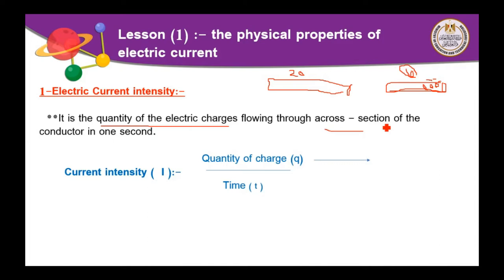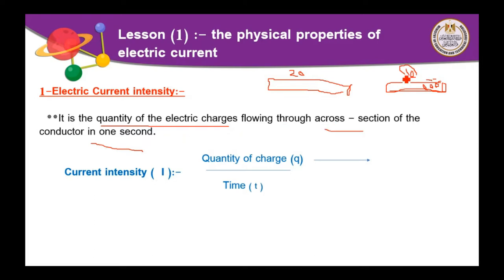That is the meaning of cross section of the conductor. The amount of charges passing through it must be calculated in unit time, which means 1 second. So, electric current intensity can be measured by the quantity of electric charges flowing through the conductor in 1 second.